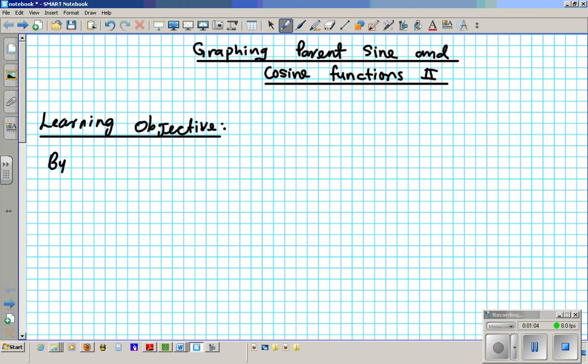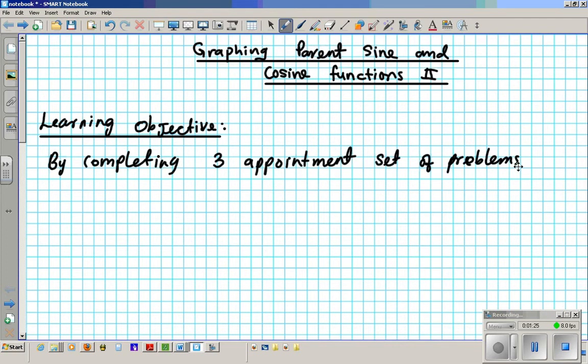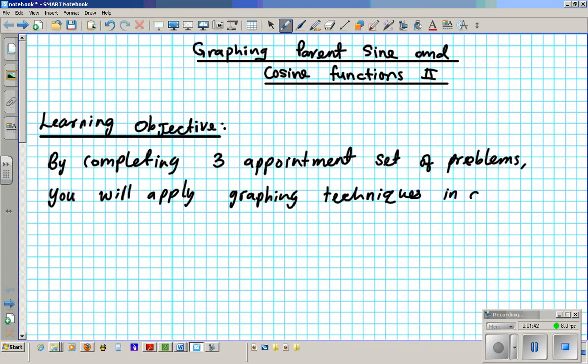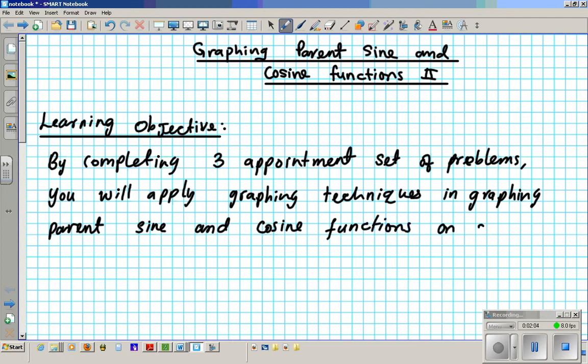By completing three appointment problems, a set of problems, you will apply graphing techniques in graphing parent sine and cosine functions on specified domains. Okay.